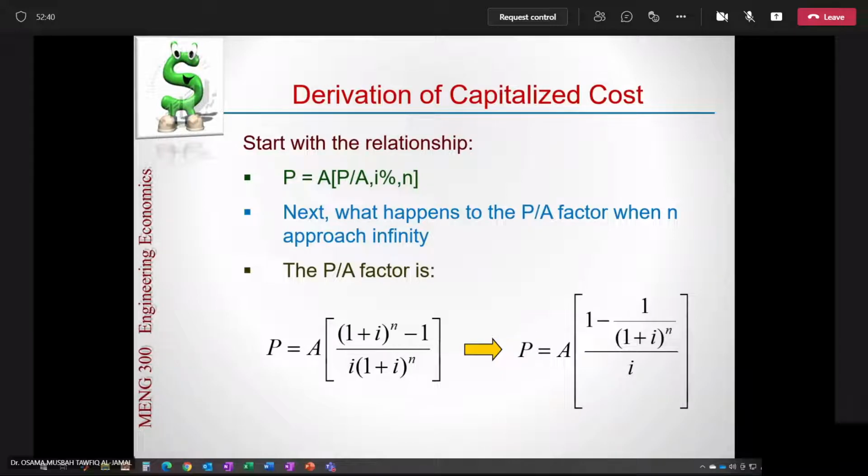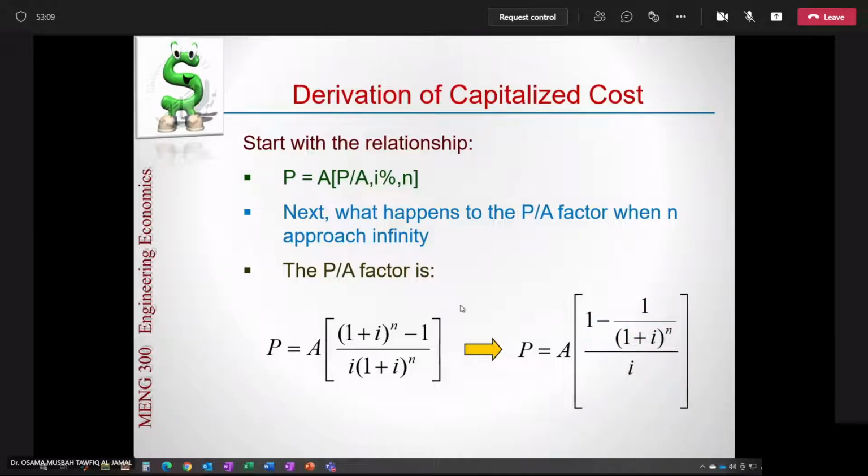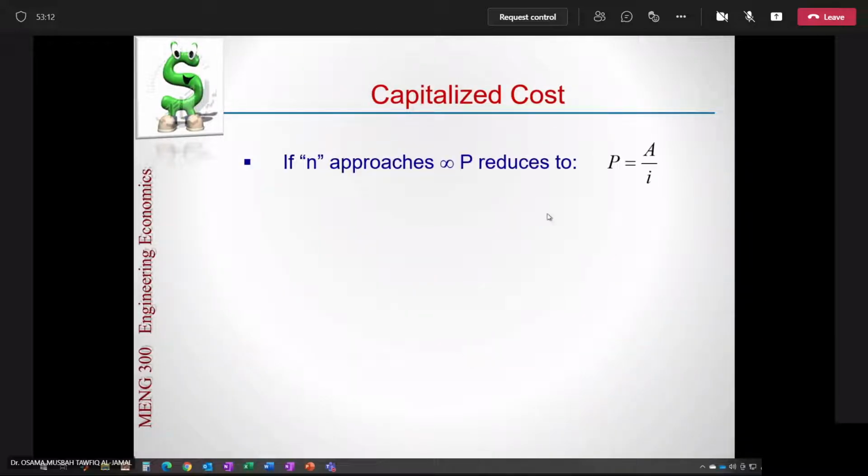Now, if n approaches infinity, that's the only part which is going to be affected. 1 over infinity is equal to 0. So 1 minus 0 is 1, and what we're going to have is 1 over I. That is, P equal to A over I.